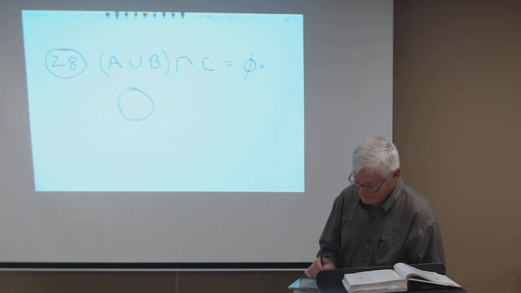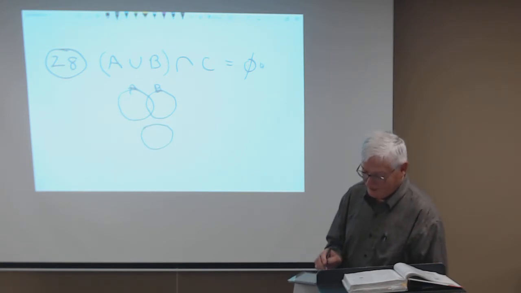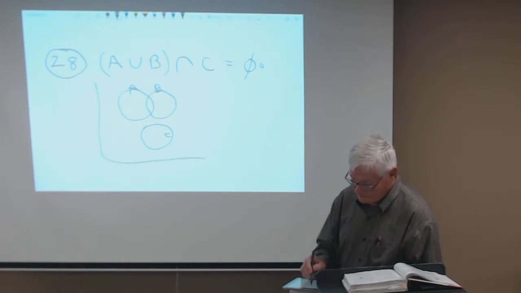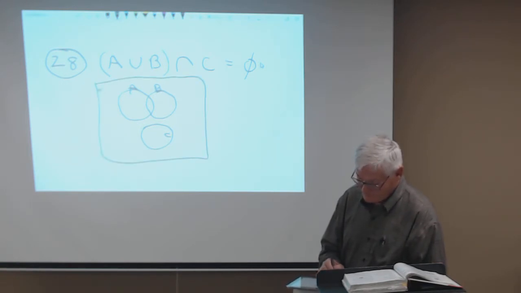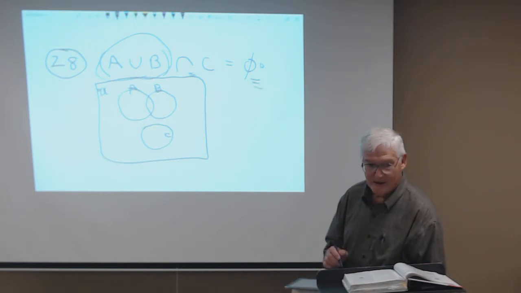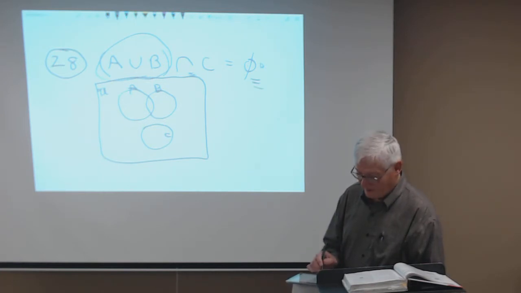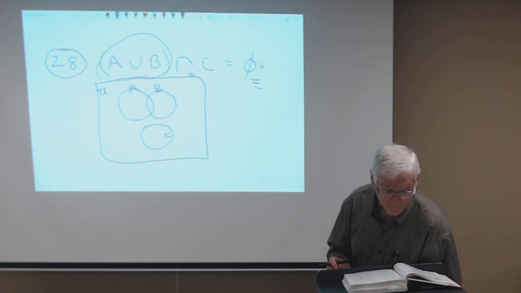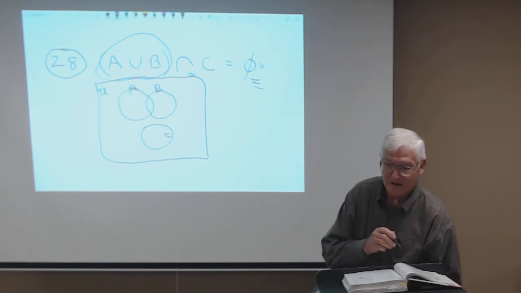Here's A, here's B, and here's C. Why did I put C out here in my universe? Because it doesn't connect. The intersection of this with this is empty set. You see that? So I put A and B together, and it doesn't intersect with C, so I stick C out here just hanging out by itself. Well, actually, this is kind of easier than the previous section, isn't it?